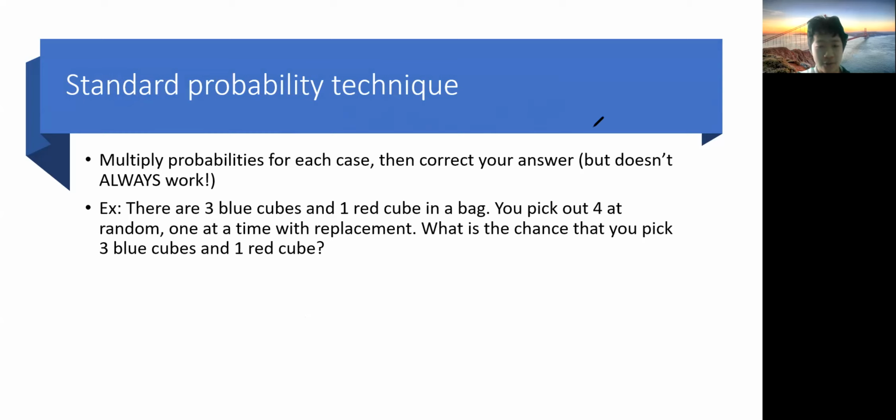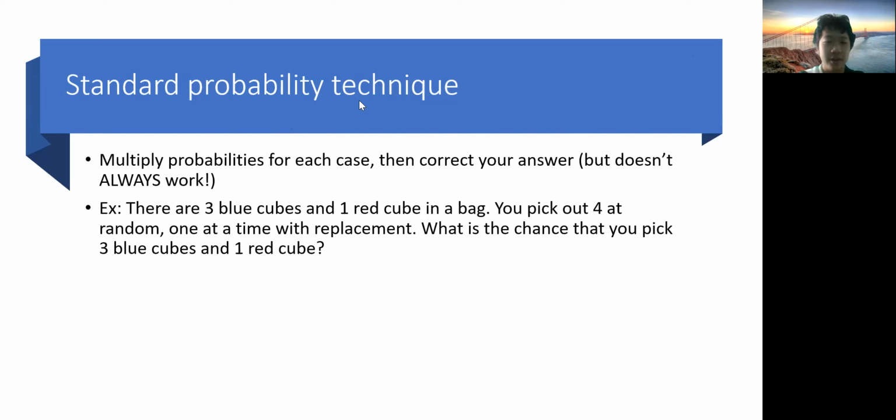You pick out 4 at random, 1 at a time with replacement, which means that after you pull one out, you put it back in. So every time you pick, there are 3 blue cubes and 1 red cube in the bag. After you pick those 4, what's the chance that you've picked 3 blue cubes in total and 1 red cube in total?